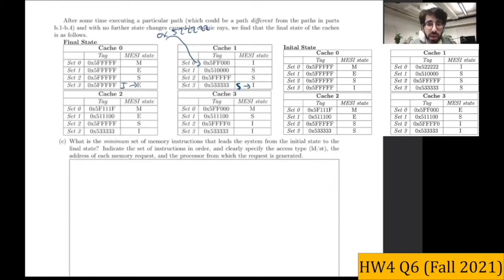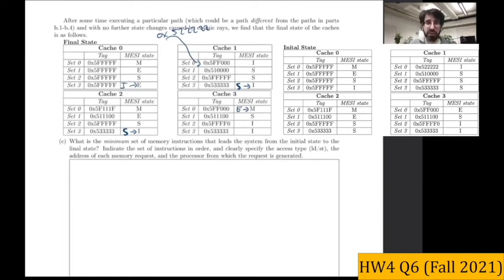Cache 2, previously we had a shared state in set 3, with the same tags and sets. In cache 3, previously we had an exclusive state in set 0.